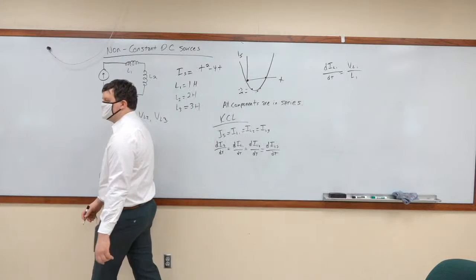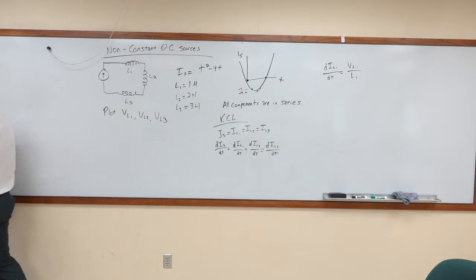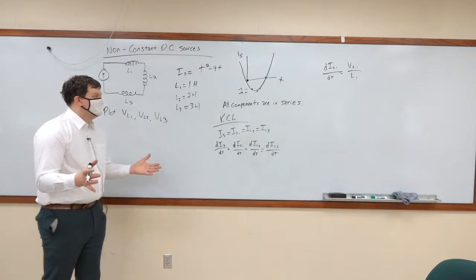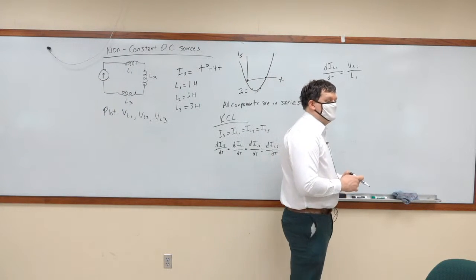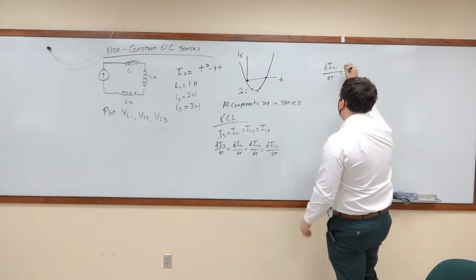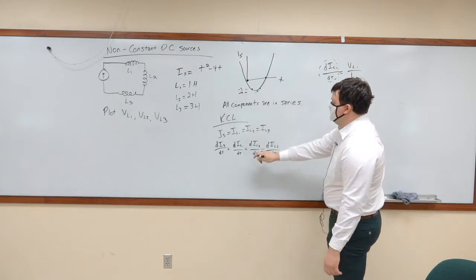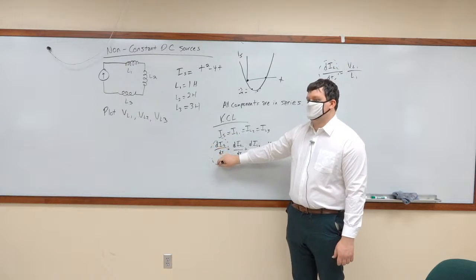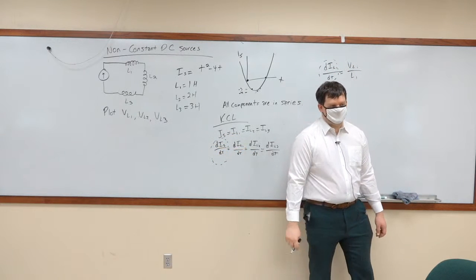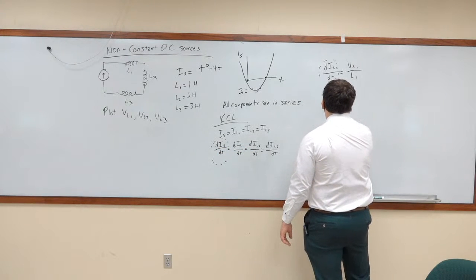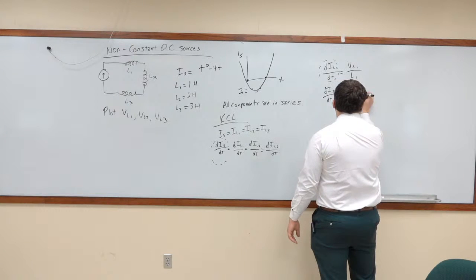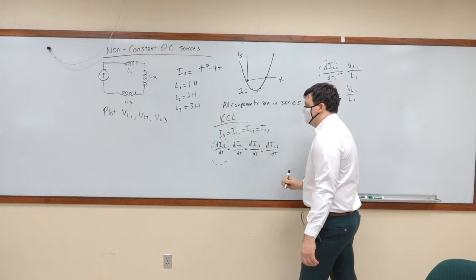It's just a rearranging of the relationship between voltage and current in an inductor. That's where we're at now. But we also know that this is equal to the source current. So dIS/dt is equal to VL1 over L1.